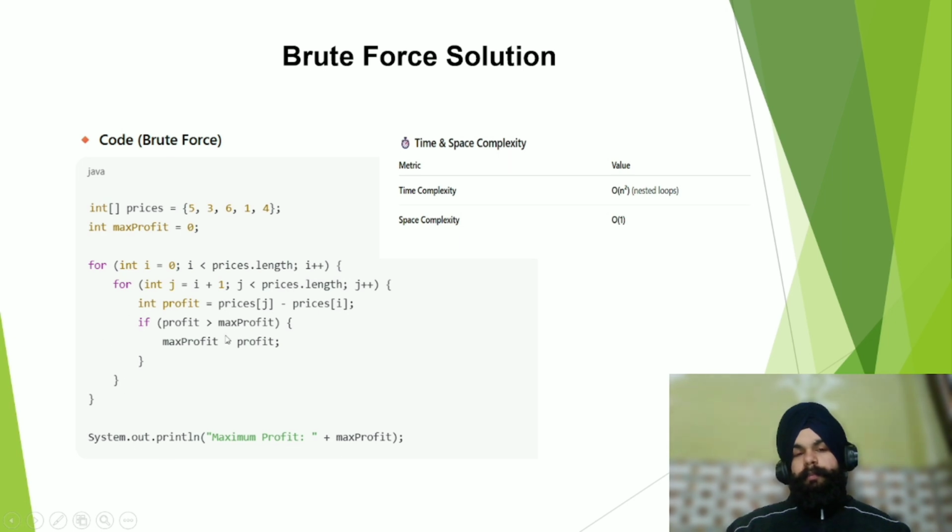So here is the brute force solution, and its time complexity will be big O of n squared, because there are two nested loops, outer and inner, and its space complexity will be big O of 1.